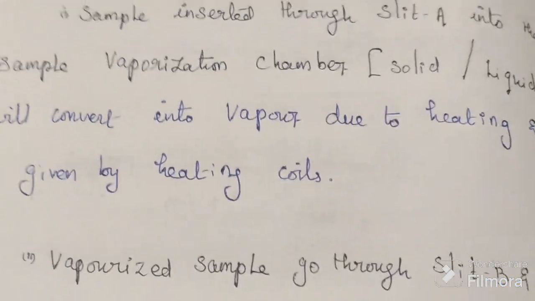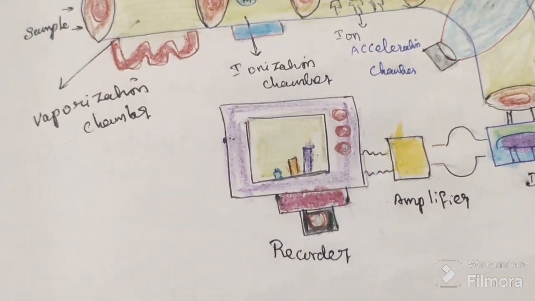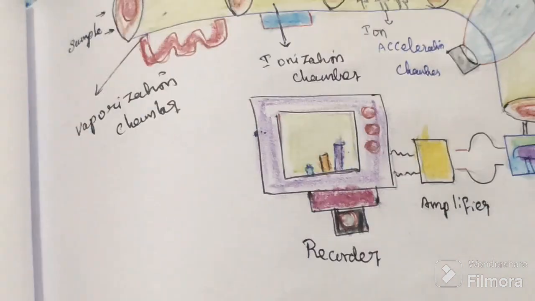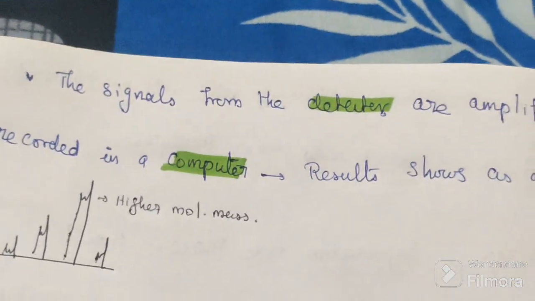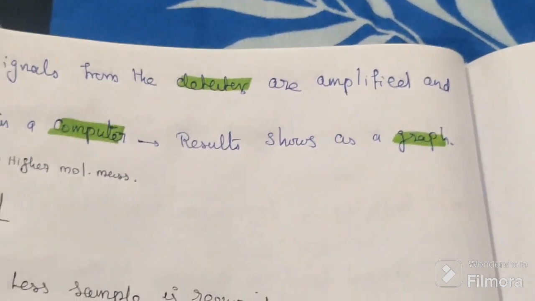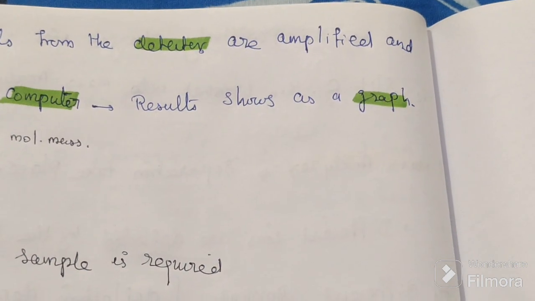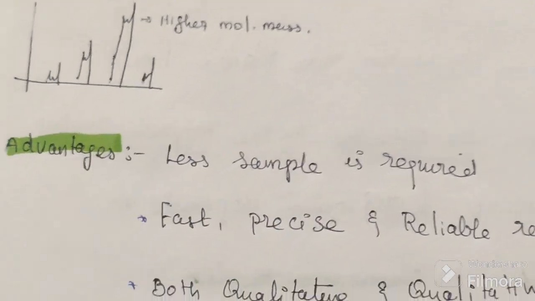The signal from the detector is amplified and recorded, and the computer shows the result as a graph.